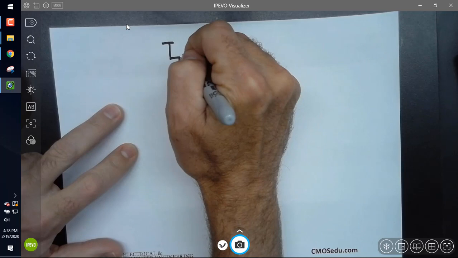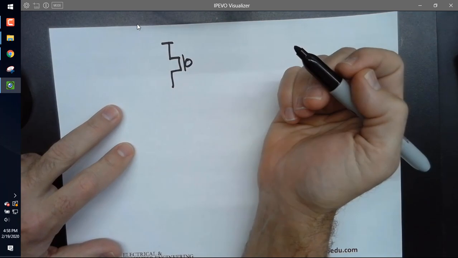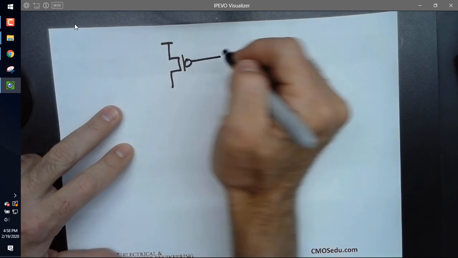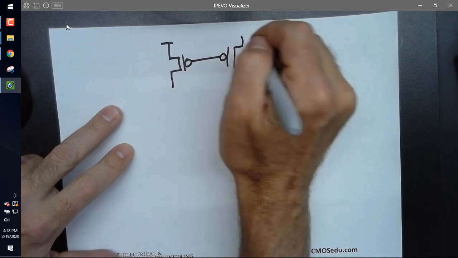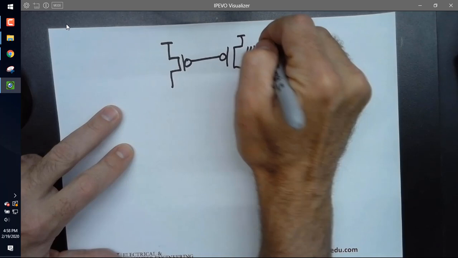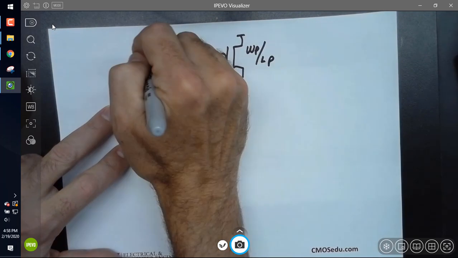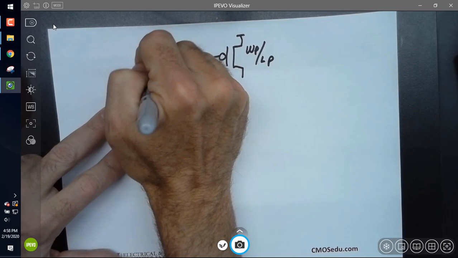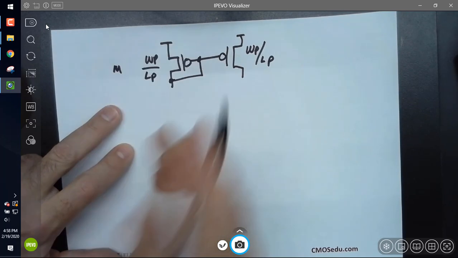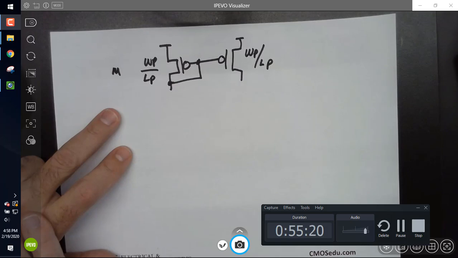It's going to be the same principles that we went through already, with some multiplication.